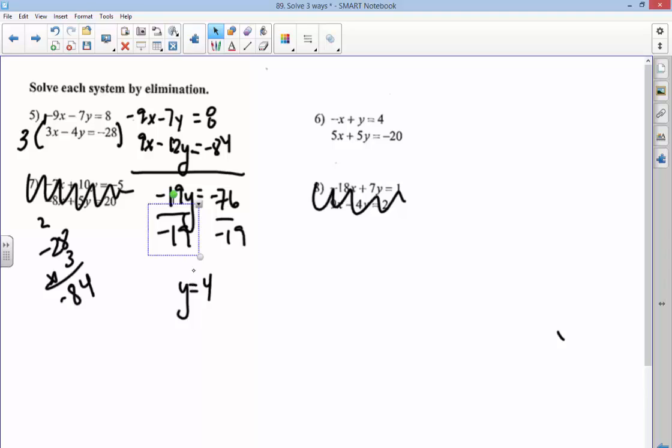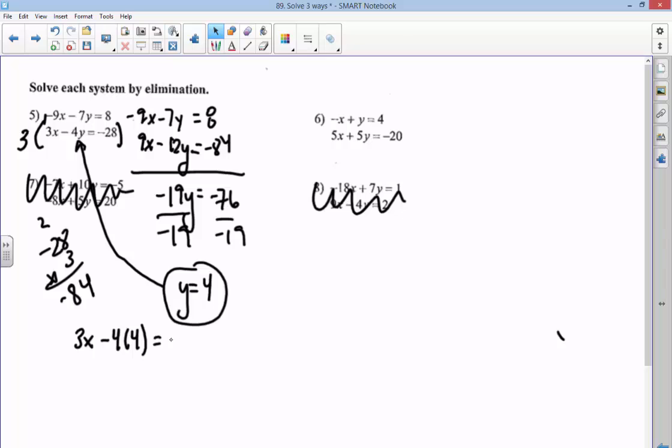And then you're just going to plug this 4 back into one of the two initial equations in for y. So 3x minus 4 times 4 equals negative 28. So 3x, negative 4 times 4 is negative 16.